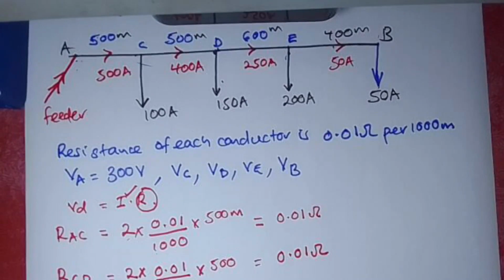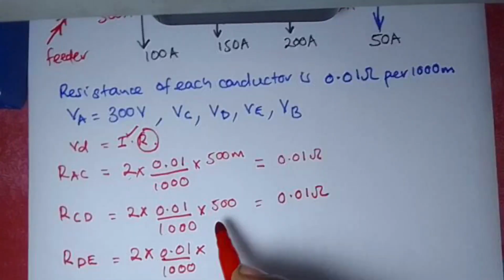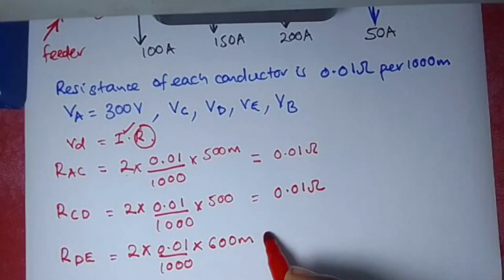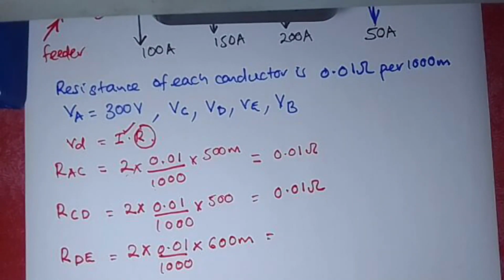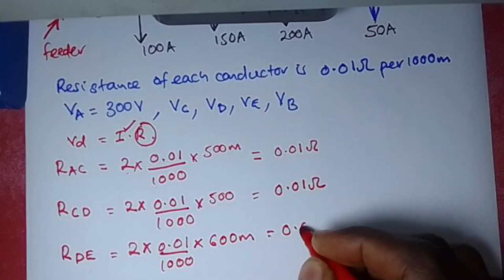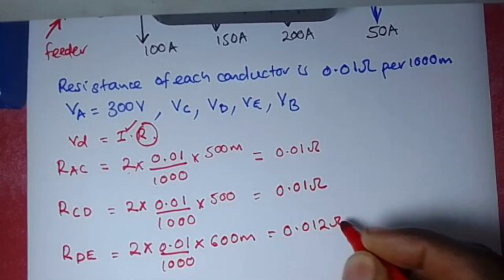The distance given there is 600 meters, so we shall use times 600 meters. Let me press it here. So it's giving me 0.012 ohms.